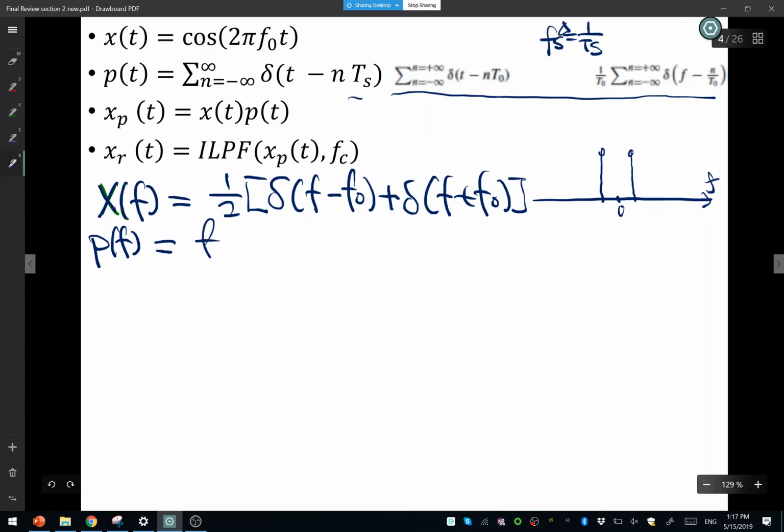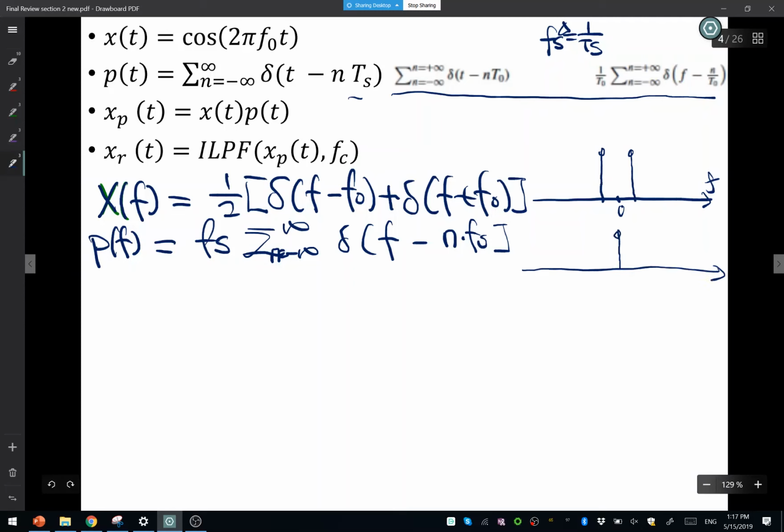So we get Fs times the sum from minus infinity to infinity of delta(f minus n times Fs). If we plot it, it is an impulse train that looks like this: here is Fs, this is 0, this is minus Fs, and actually we have an infinite number of them.